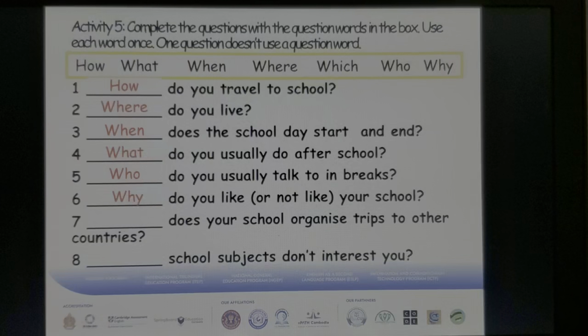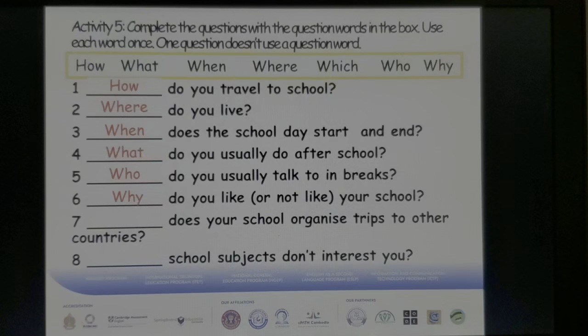Number 7. So we have already used how, where, when, what, who, and why. Not yet which. So for number 7 and number 8, which one is used with the question word which? One question doesn't use a question word. So is it number 7 or number 8?